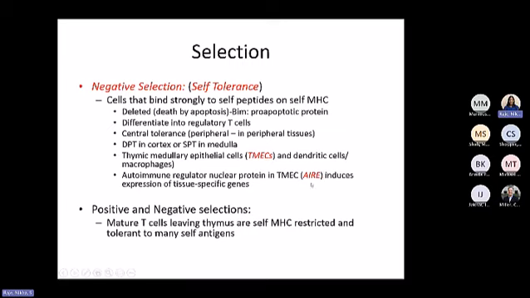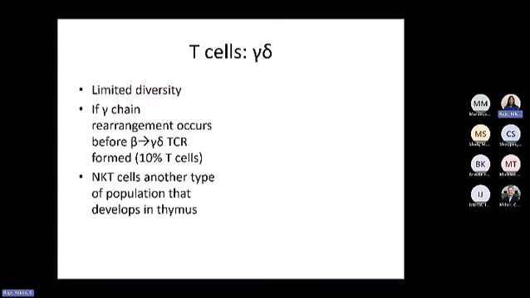If AIRE is defective, you can have a lot of autoimmune problems, such as the autoimmune disorder called APECED. Once the positive and negative selection is successful, it can give rise to single positive T cells.